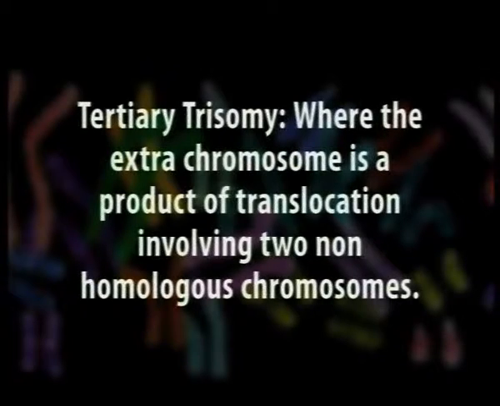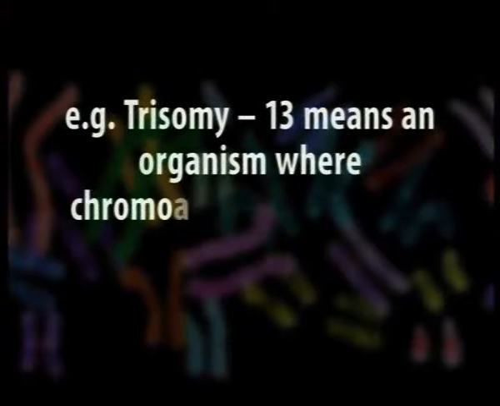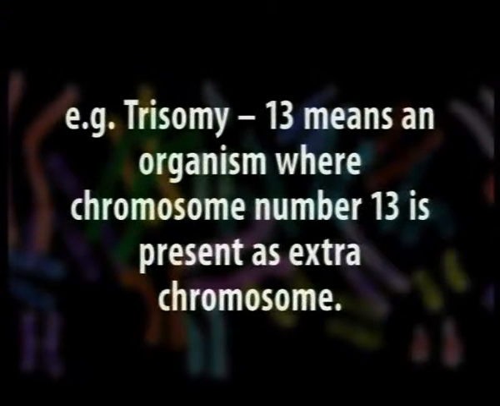That means the 2 arms of the chromosome belong to 2 different homologous pairs. Trisomy, like monosomy, is also named as per the chromosome number which is extra. For example, if chromosome number 13 is extra, the individual is called trisomy 13, or 2n plus 1 (13).